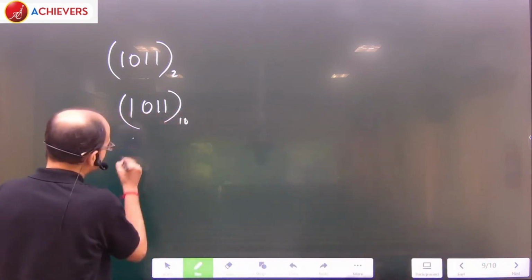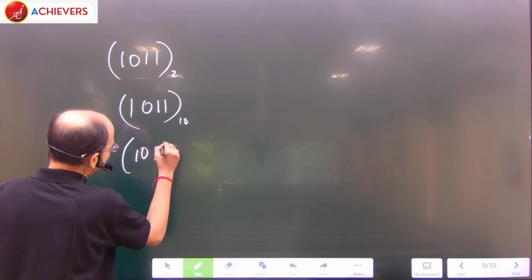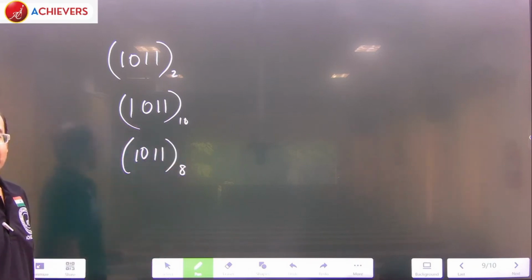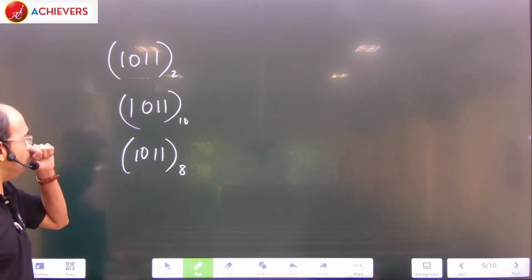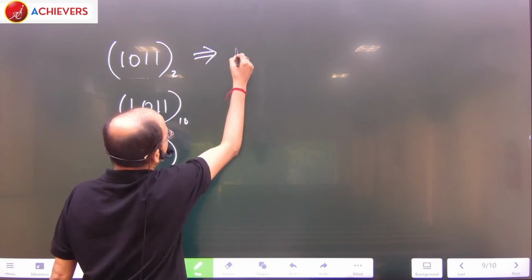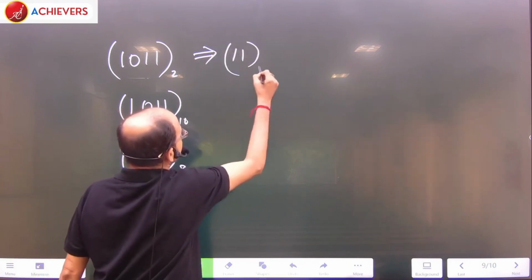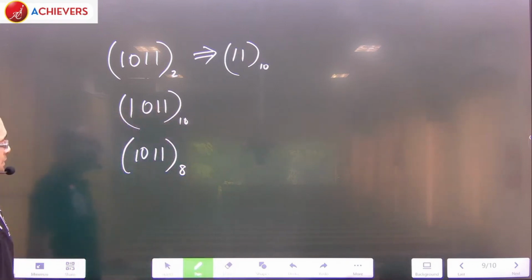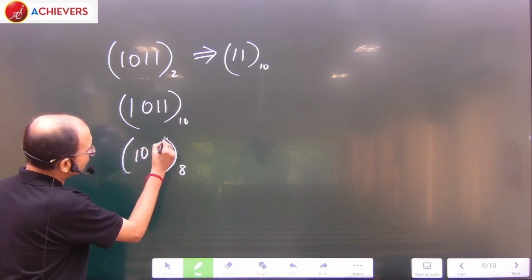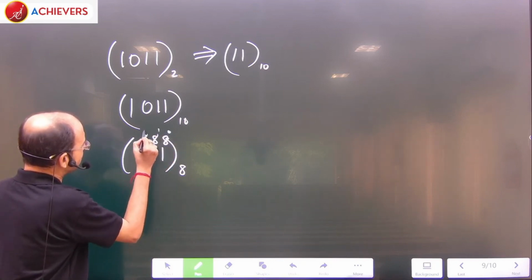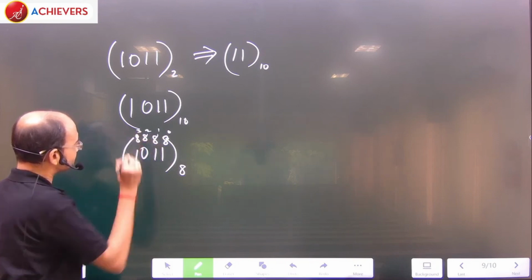Now if we write the same thing based on 8, this is another thing. Its decimal equivalent is not 11. If we quickly decode 1011, it is 8 to the power 0, 8 to the power 1, 8 to the power 2, 8 to the power 3.